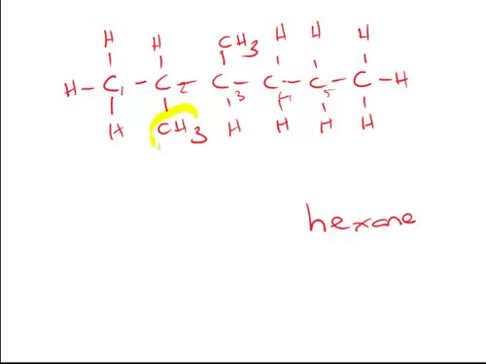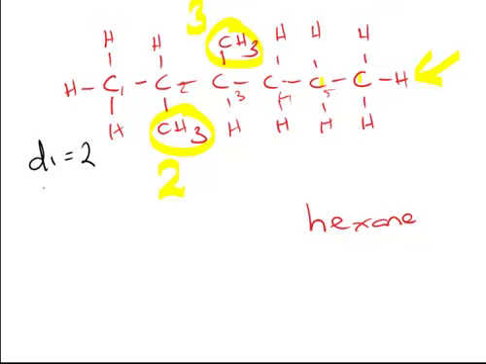Okay, we have a methyl group here and here. Now if we number it from the left, that would give this methyl group the number 2 and this one the number 3. If we were to number from this side, the numbers would be higher because it would be 1, 2, 3, 4. Now there's 2 of them, and we have a special prefix that we use for that, and that's di.